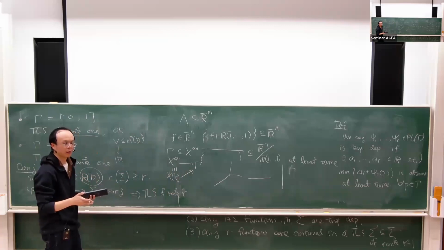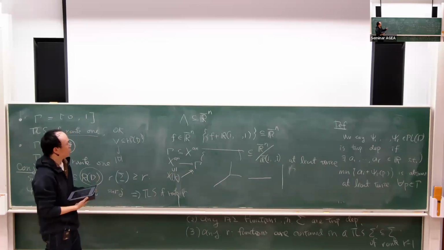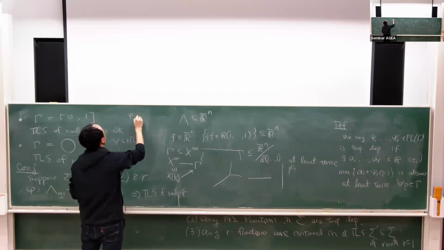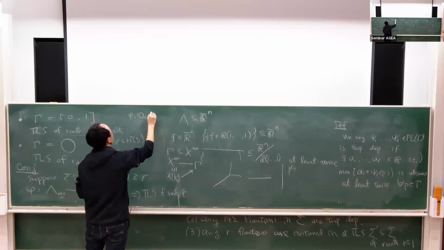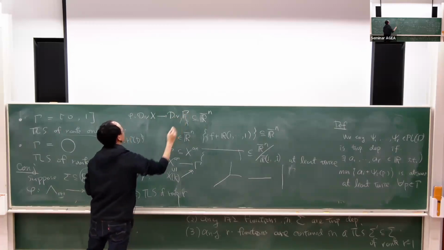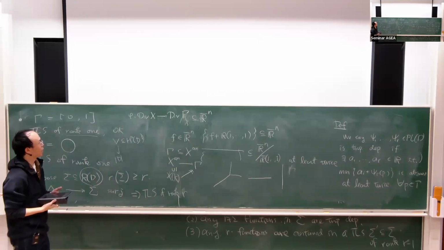Do we really need this, or can we just use a valuation to define tropicalization? Namely, just get rid of Berkovich space. You mean you want to define a map directly from this to the skeleton? So this is what you say, that there are two tropicalizations.